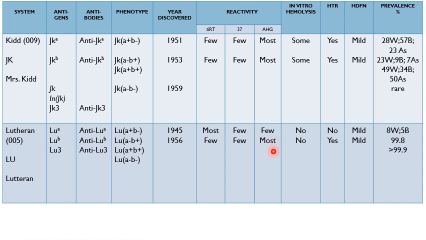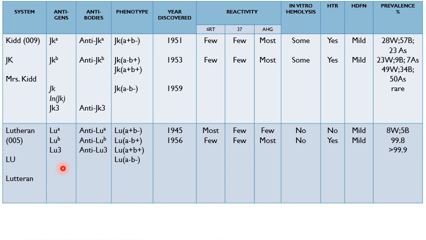The Lutheran system is not commonly encountered because of its high prevalence. The antigens are detected in fetal RBCs as early as 10 to 12 weeks of gestational age and fully develop at birth.